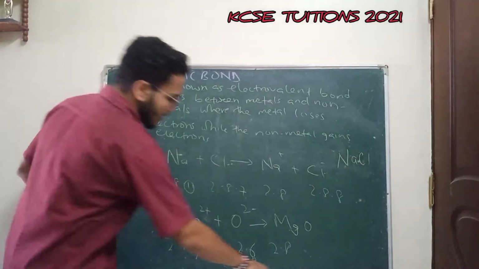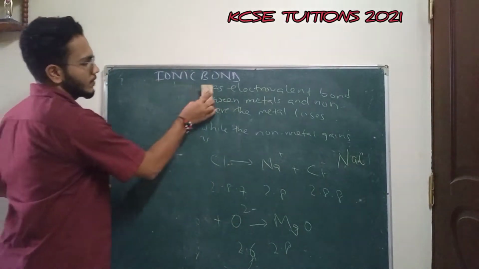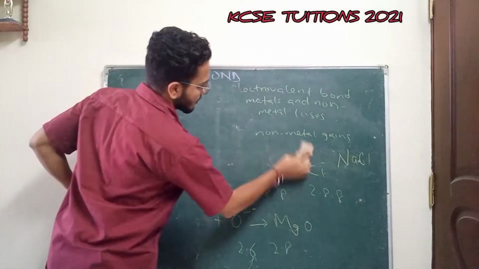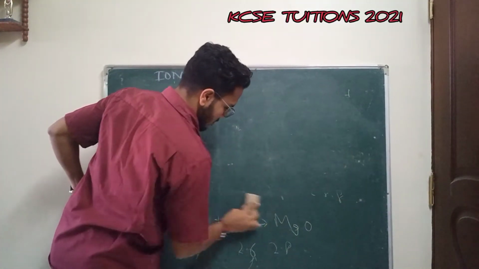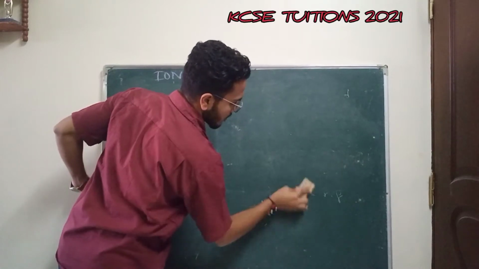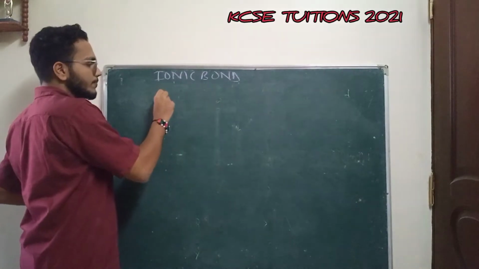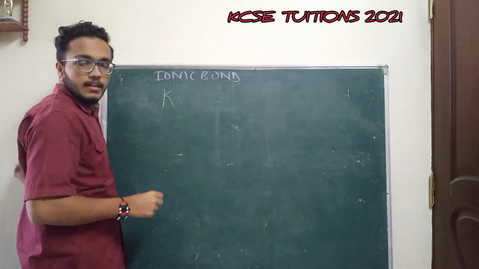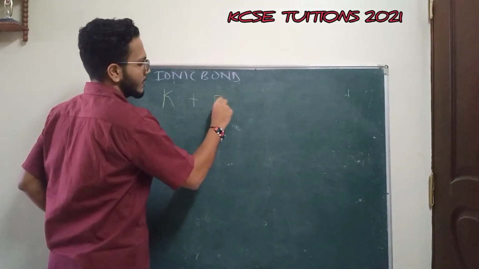For example, at the bottom of group 1 we have potassium, which is K, and at the top of group 7 we have fluorine, which is F.